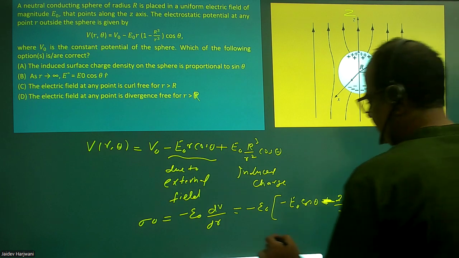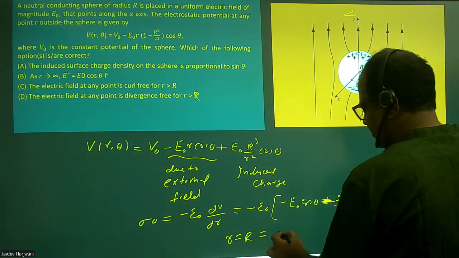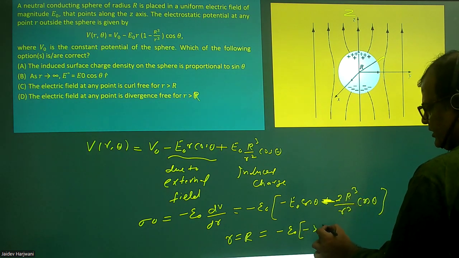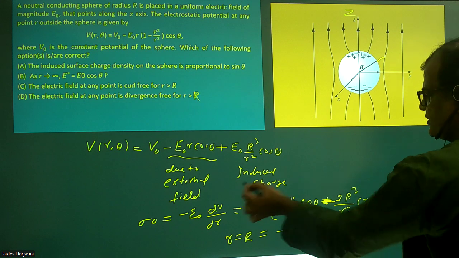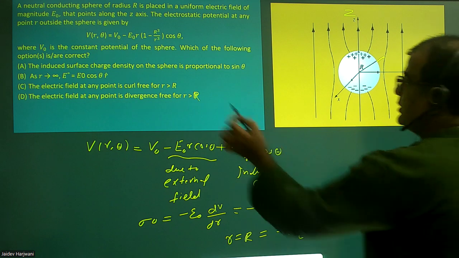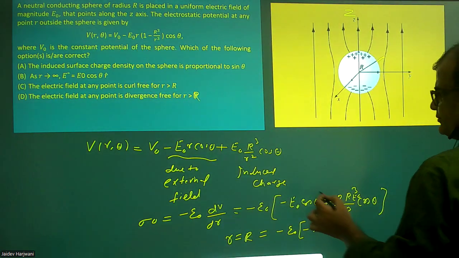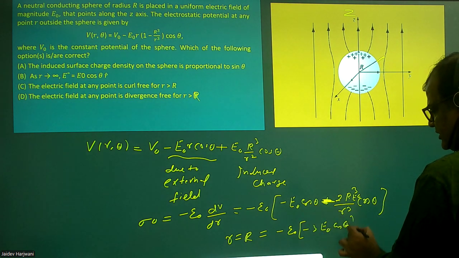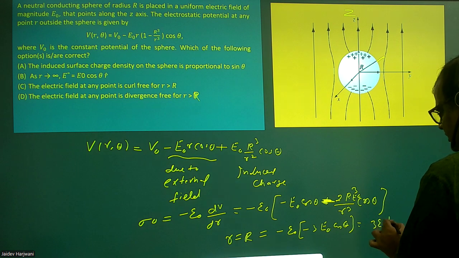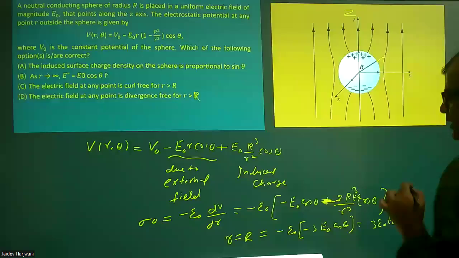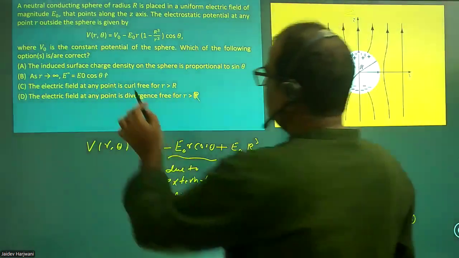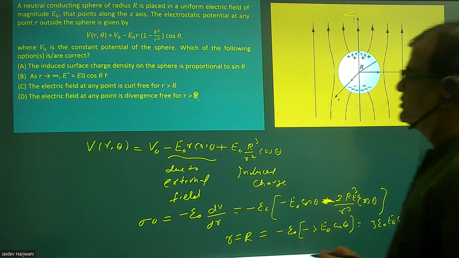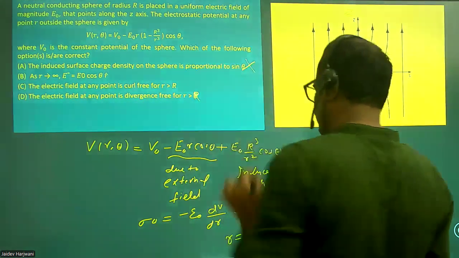Now if I find this at r equal to R, this is minus E naught, this cancels, so minus 3 E naught, multiplied by epsilon naught as well. So the total is 3 epsilon naught E naught cos theta. Option A says the induced surface charge density is proportional to sine theta, but here it is proportional to cos theta, so this option is not correct.